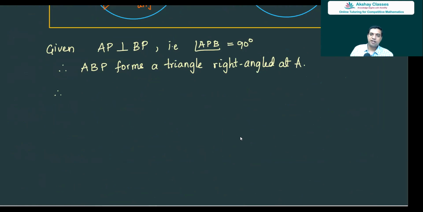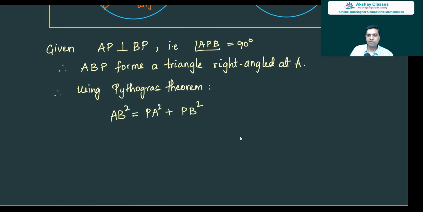So using Pythagoras theorem, AB square is equal to PA square plus PB square. A is (2, 3), B is (-1, 5), and P is (h, k). Later on, we can replace (h, k) by (x, y) to generalize.